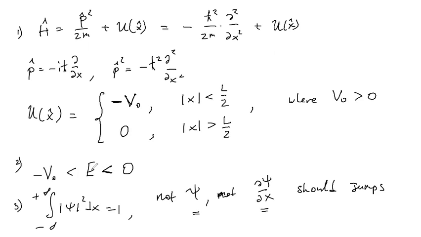So what I have to do now is make sure that these conditions are satisfied. My function should be integrable because it's a bound state and I would like to normalize it. And my function should not have jumps, it should be continuous.